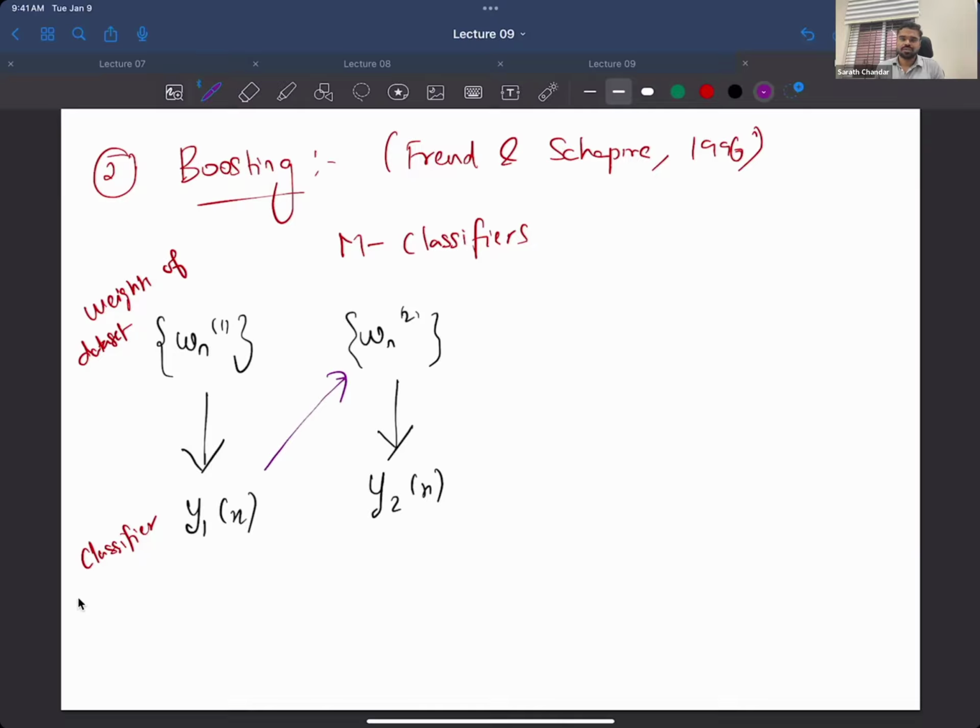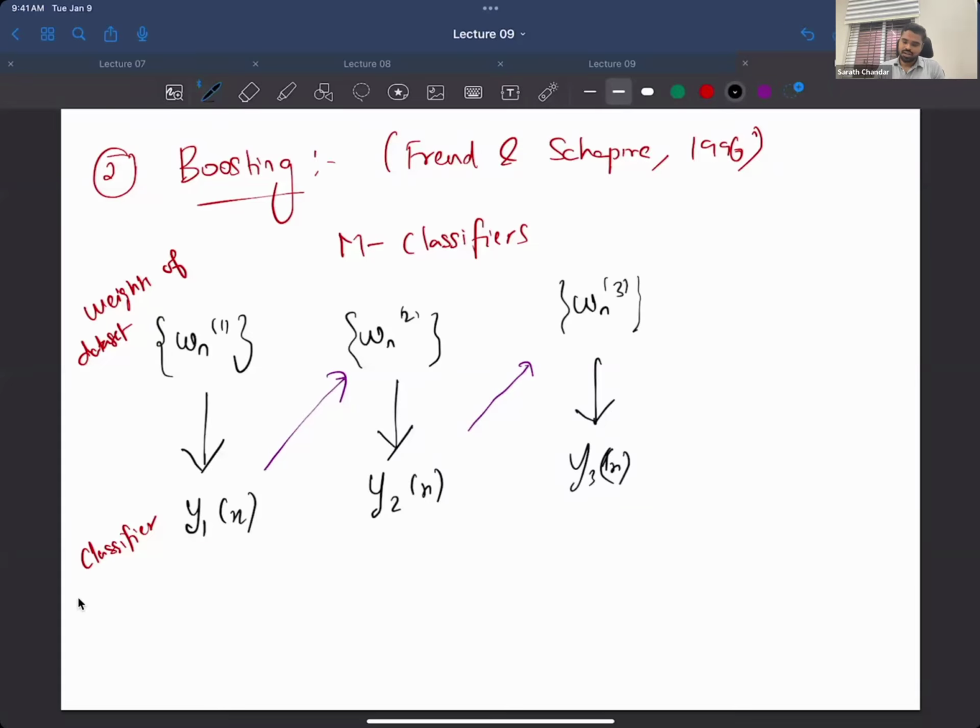Is that clear? So I train the first classifier, then I train a second classifier which focuses on the mistakes of the first classifier. Then I repeat this process again. I'm going to come up with wn3, and this wn3 is based on the mistakes of the previous two classifiers, and this is going to give me y3 of x.